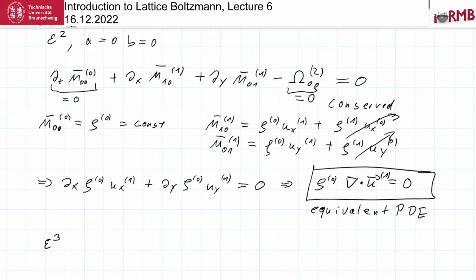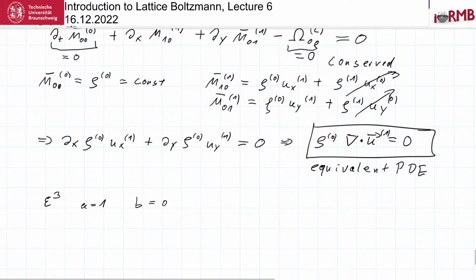So epsilon to the power of 3, a is 1 and b is, what did I write here? b is equal to 0, so there's something wrong. Okay, let's have this. I believe this would be equation 6.6 now, because this outcome is now interesting.